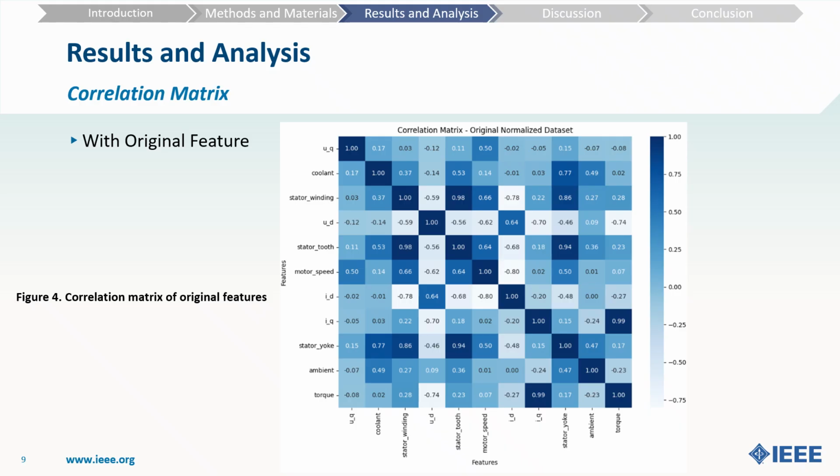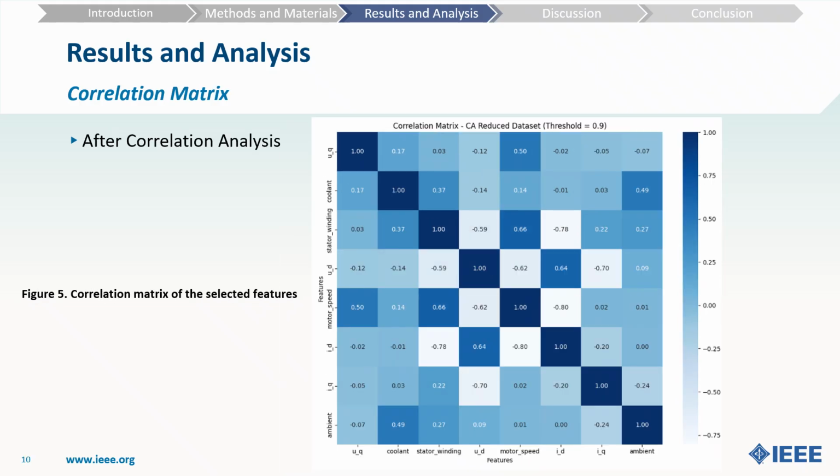Furthermore, the variables IQ and torque exhibit an almost perfect correlation of 0.9, suggesting that it may be feasible to eliminate one of these features without a significant impact on the overall information retained.